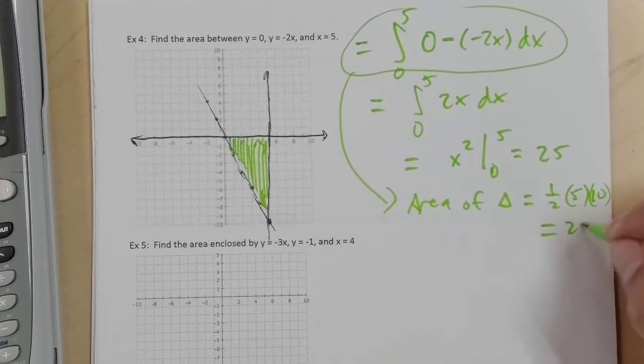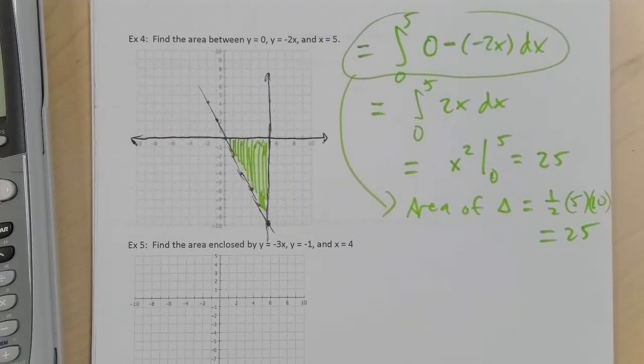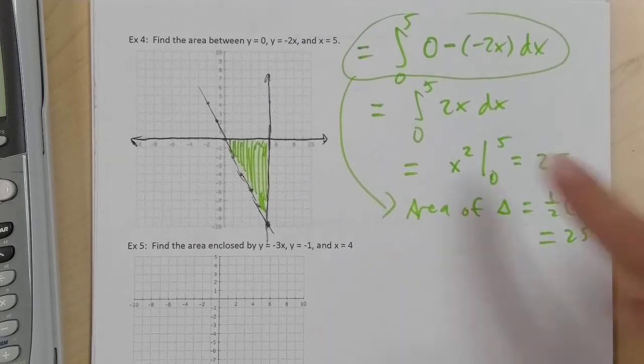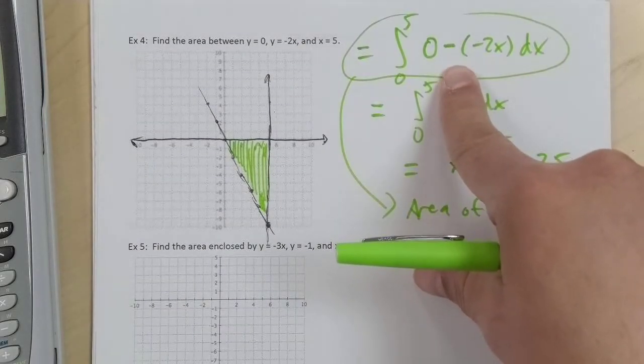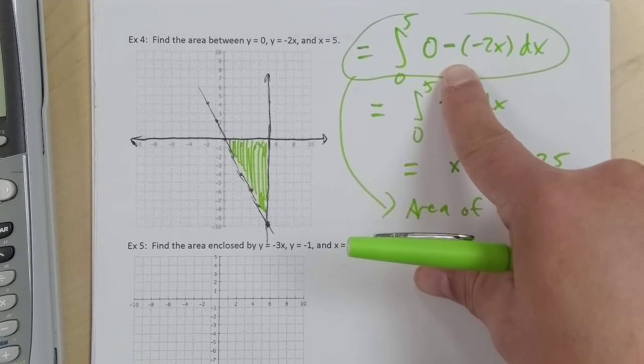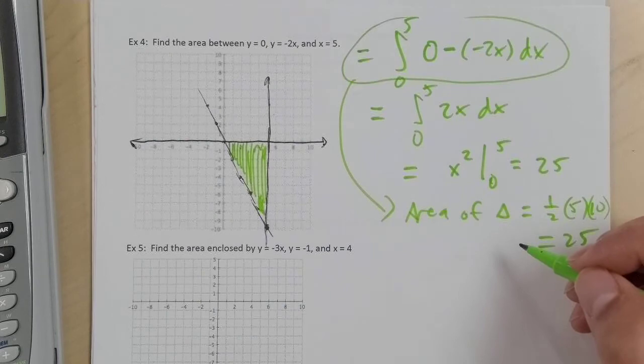Half of 50 certainly is 25. So you're totally allowed, on the AP exam, if they're asking you to set up an integral or use integrals to find areas, as long as you have the setup, if you see a geometric shortcut, like, oh, that's just a triangle, I can do that area real fast, you can just say it's equal to the area of the triangle and do it that way.